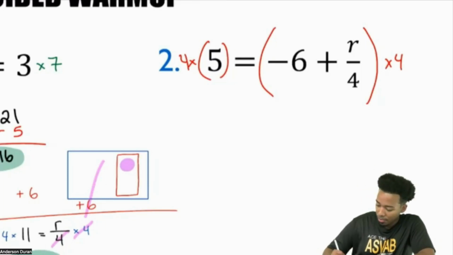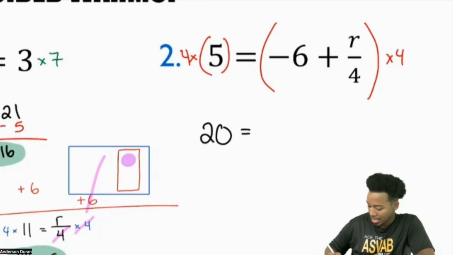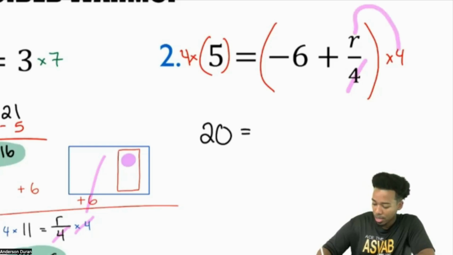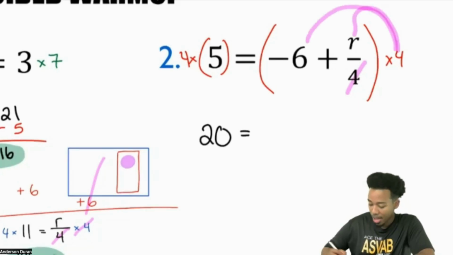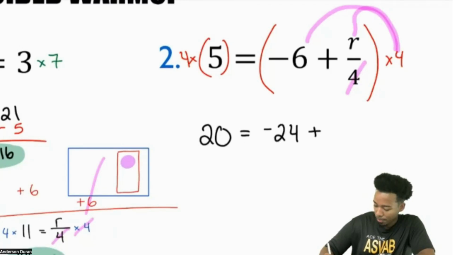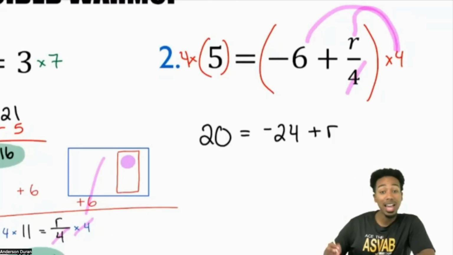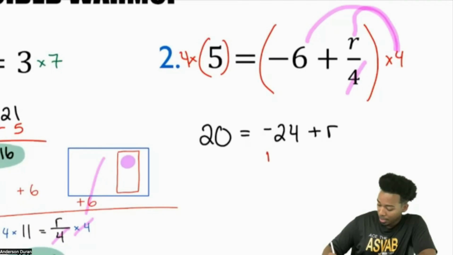4 times 5 is going to be 20. And on the right side, yes, while this will eliminate, remember that it's distribution. Here, that eliminates, but there, that would have been 6 times 4 is 24, but negative 24. So just to really be detailed here, the last step that you would have taken here is add 24 to both sides.